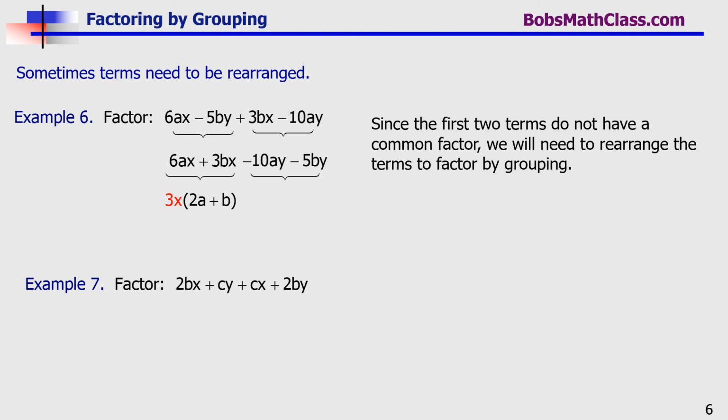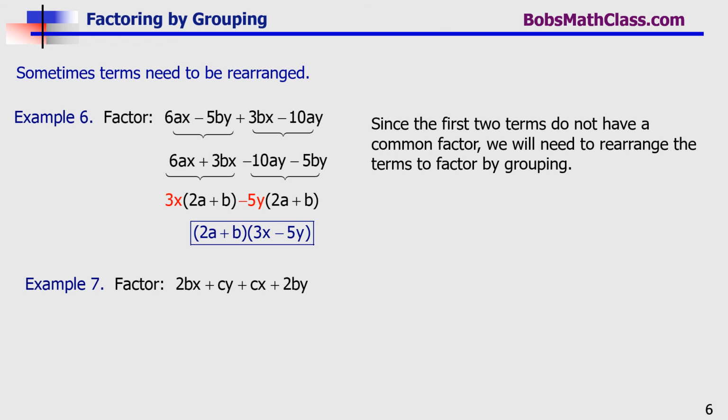For 10 and 5, it'll be 5, and they both have y, so it'll be 5y. Oh, but the first term is negative, so it'll be -5y. And then we get another 2a plus b. The 2a plus b matches, so that's written first, and then 3x minus 5y is second.